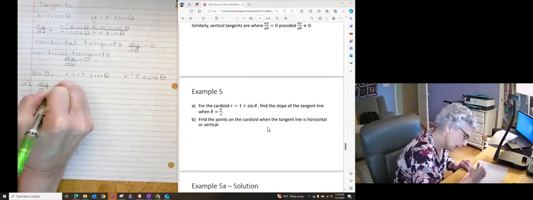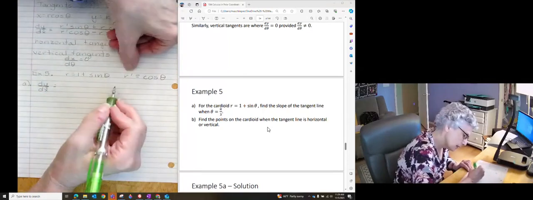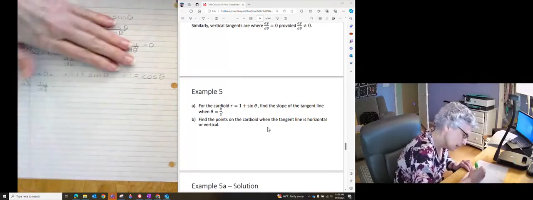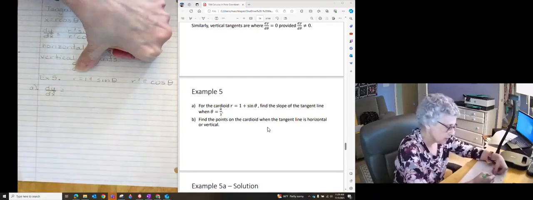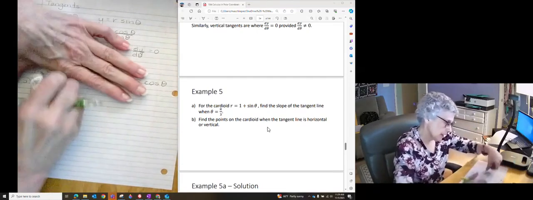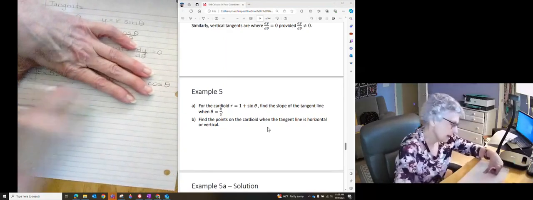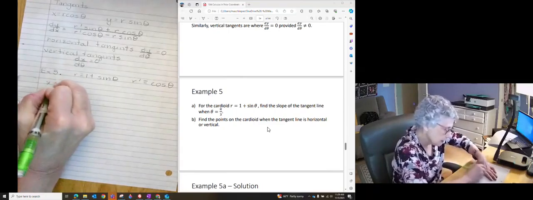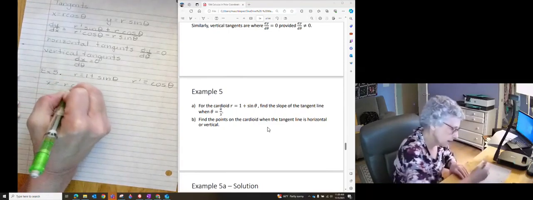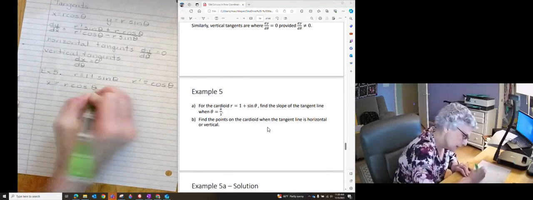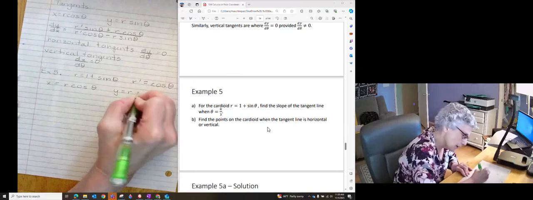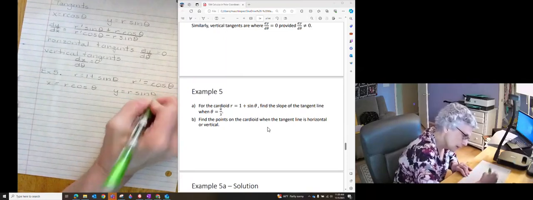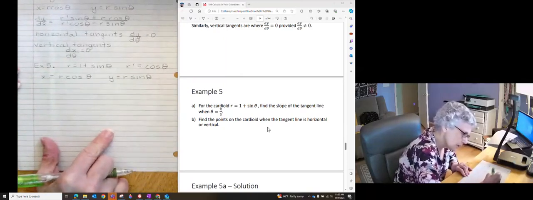So for part A, first thing I need is dy dx. I like to go ahead and write down my x and y every time, just so I have it there for handy reference. So x is equal to r cosine theta, y is equal to r sine theta.